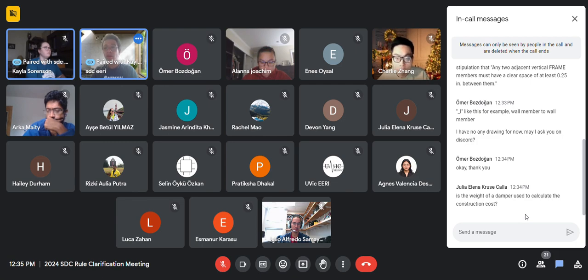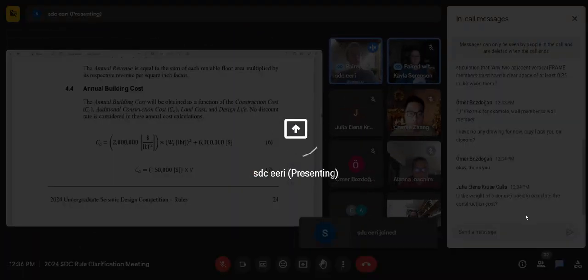I assume you are in section 4.4, where it says the annual building cost will be obtained as a function of the construction cost. I'm just going to share it here. I think this is what Julia is asking.